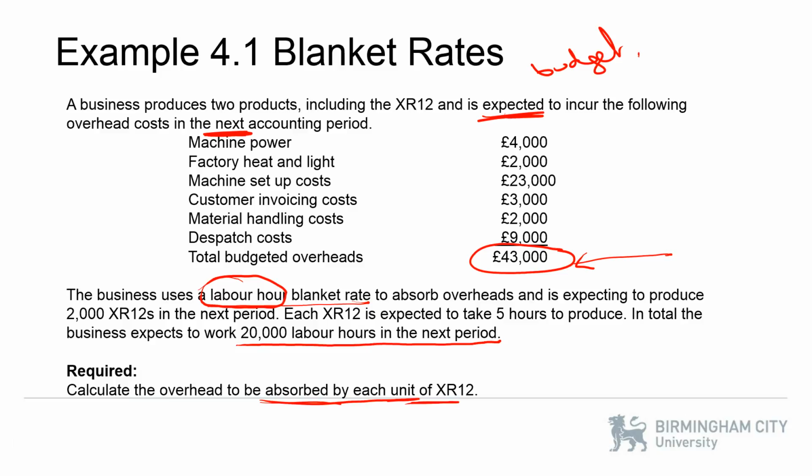We've worked out an overhead absorption rate. It's £2.15 per labour hour. So for each XR12, what will our overheads be? We know it's £2.15 per labour hour. So what we now need is how many labour hours does an XR12 take? And that information is given.